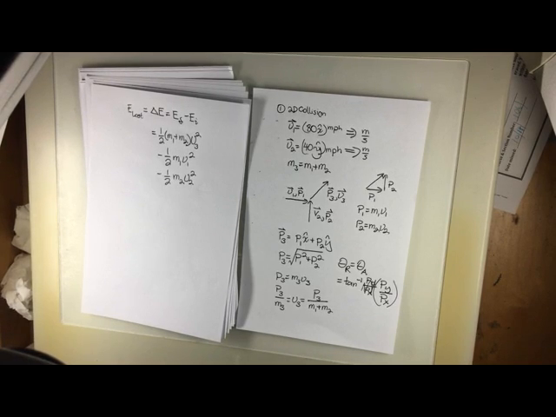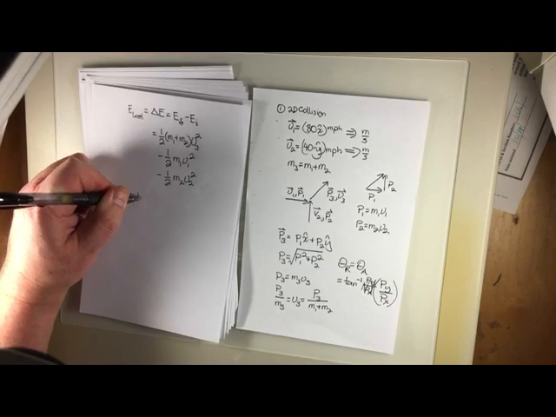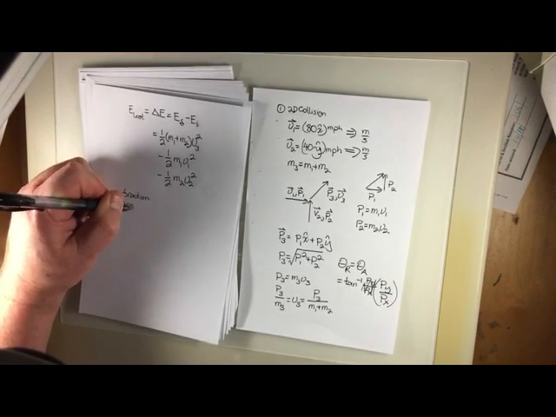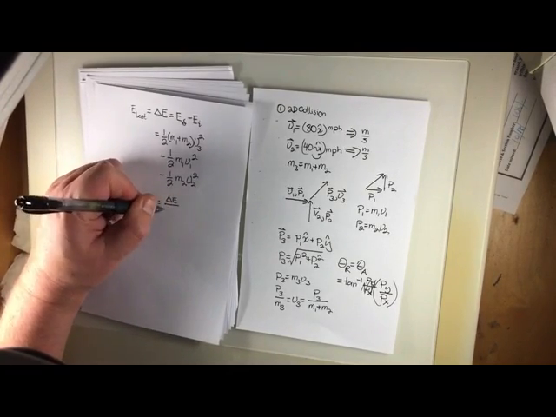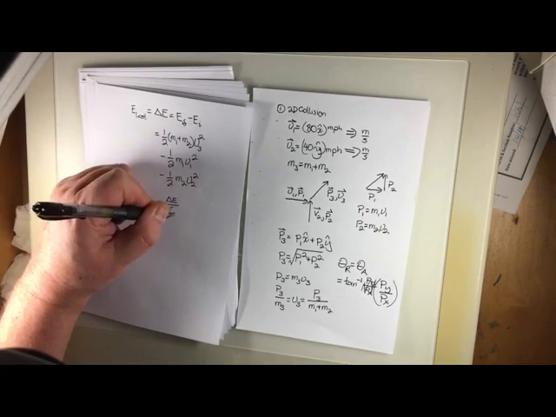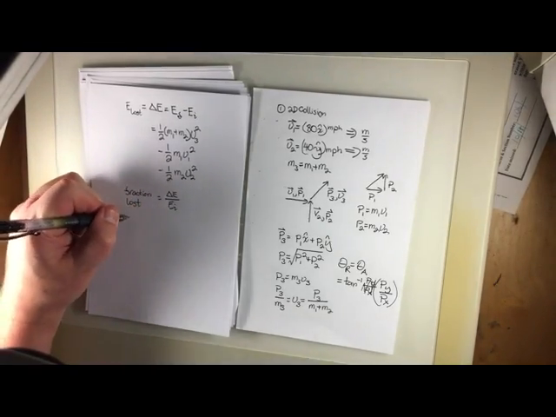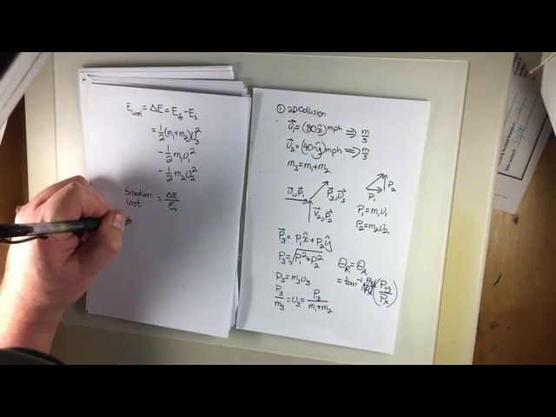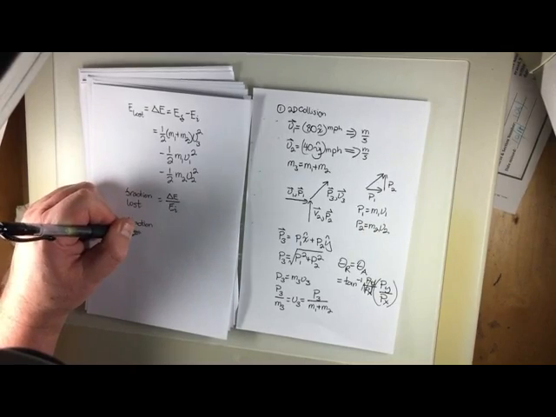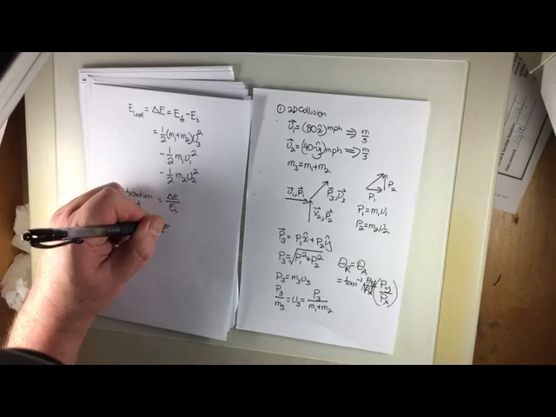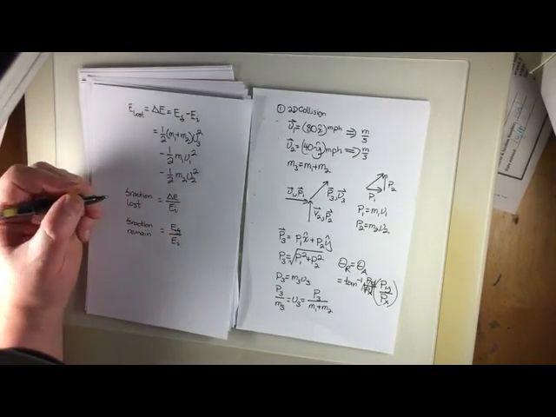If I had said fraction lost, you would just take that delta E and divide it by the initial energy. Or you could have the fraction remain, which is energy final divided by energy initial.